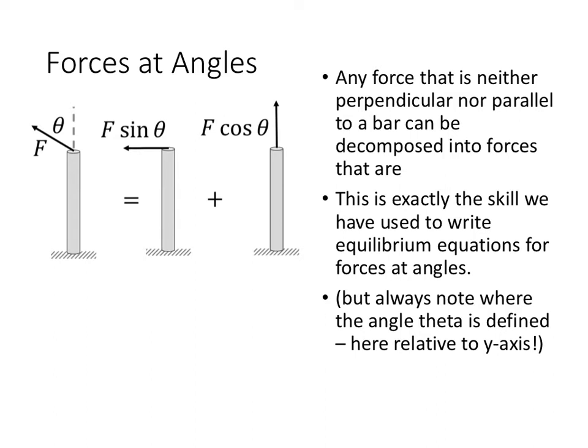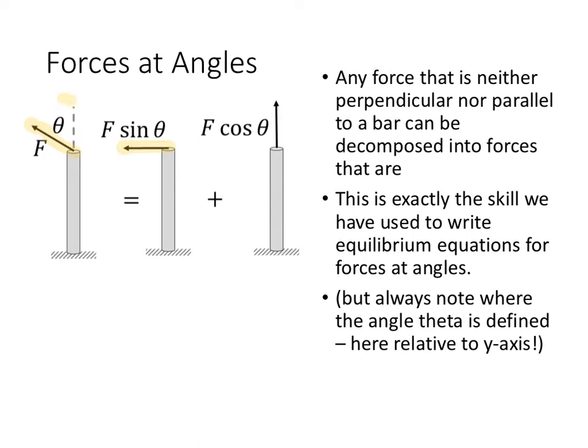So if a force is at an angle, this is the simple thing that we can decompose. Everything's in the XY plane. That angle does not mean anything about the Z direction here. We're just decomposing it into F sine theta.